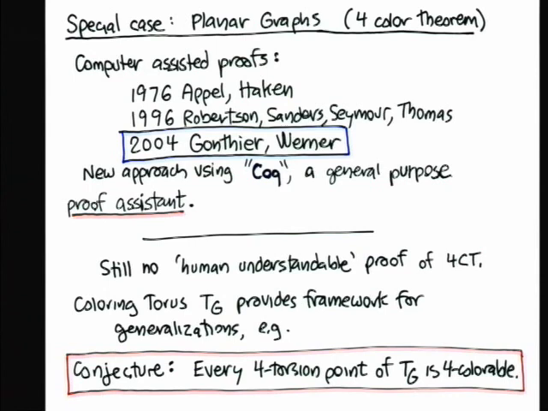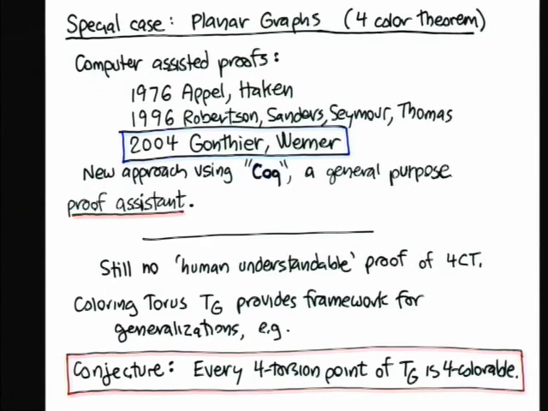But people believe it now, in part because it was redone in '96 by Robertson, Sanders, Seymour, and Thomas, and they came up with far fewer cases to consider, still something on the order of 800 cases. Not something one could really do by hand, even on an hour commute on the subway, every day for years. And if one did, you would have checked 800 cases, but you wouldn't really feel that you understood the problem.